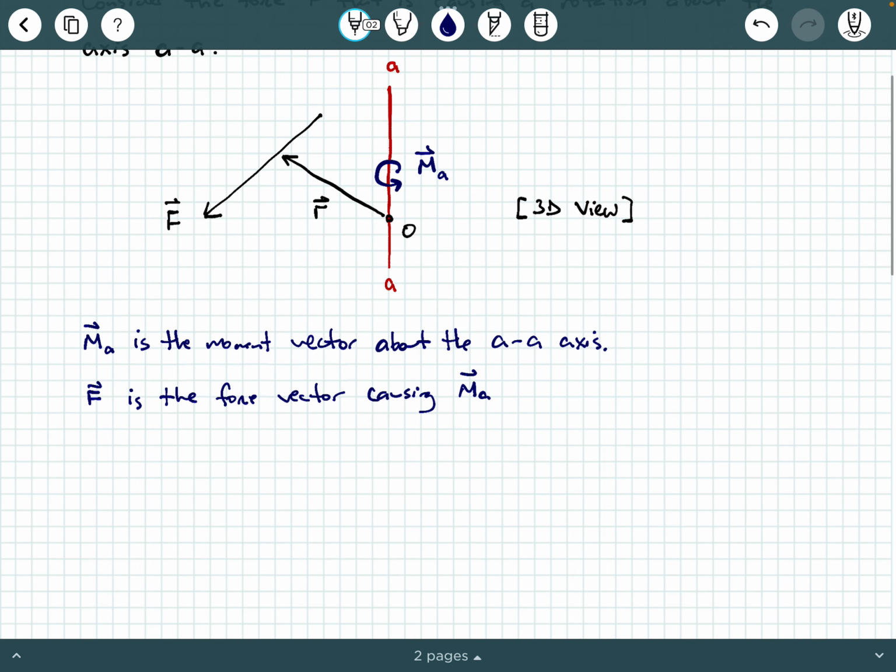Now, what about r? Okay, this is clearly a position vector, but more specifically, what is r?